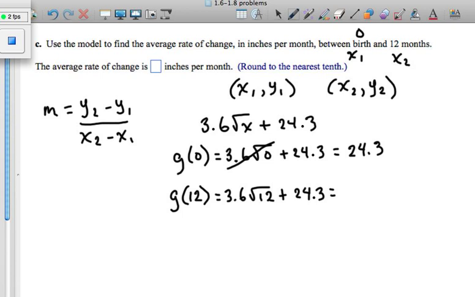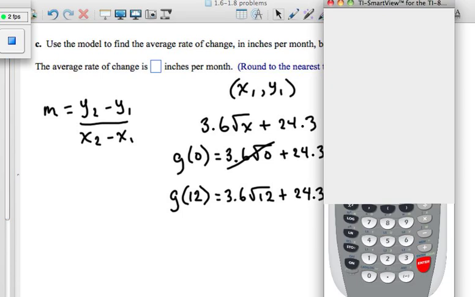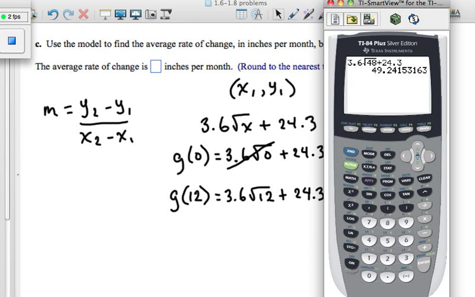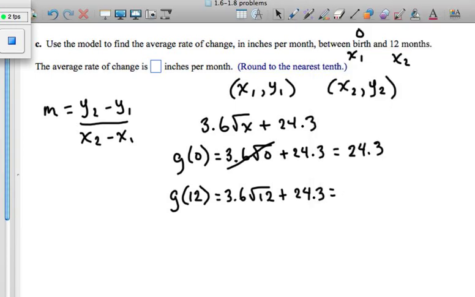Now for this one we will use the calculator, so let's bring that up here and type in 3.6 square root 12 plus 24.3. Alright, and that gives us 36.77, so let's round that to 36.8.